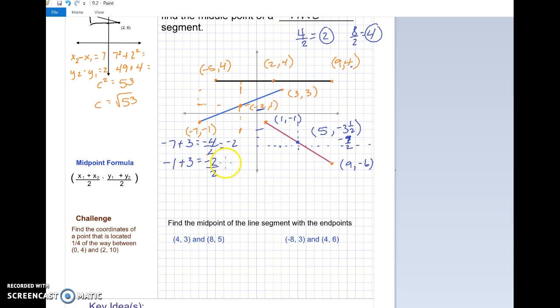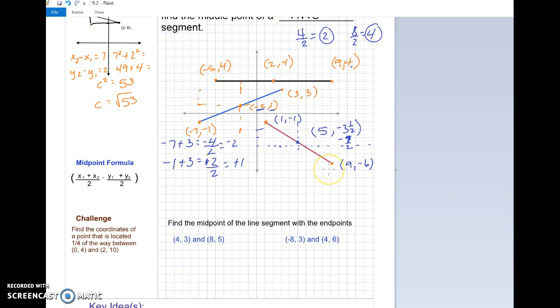Divide that by 2, and I get -1. No, I don't get -1. I get +1 because -1 plus 3 is a +2. So 2 divided by 2 is a +1, and that's what my y value is right there, -2, 1.